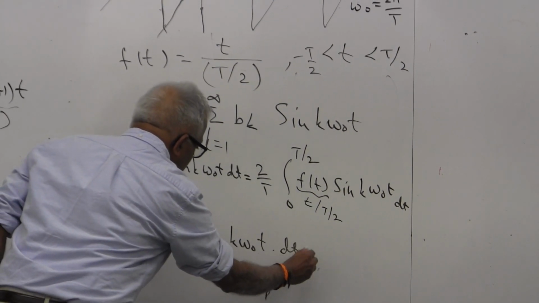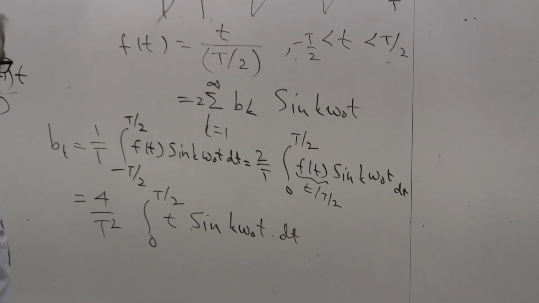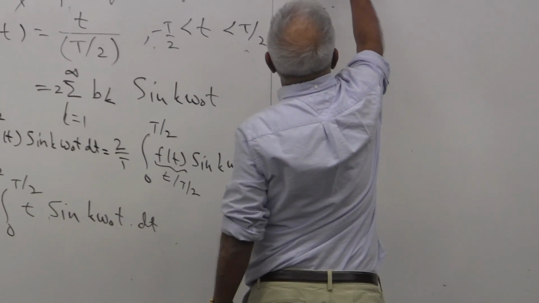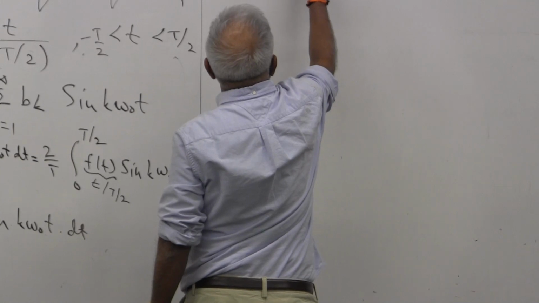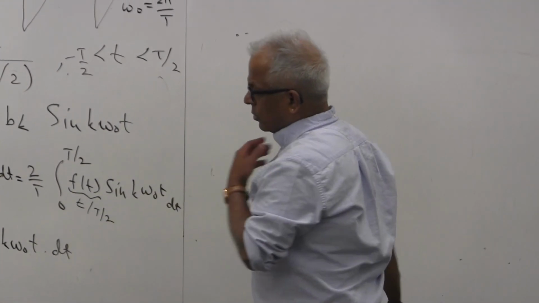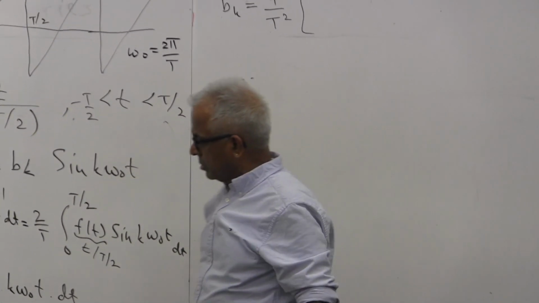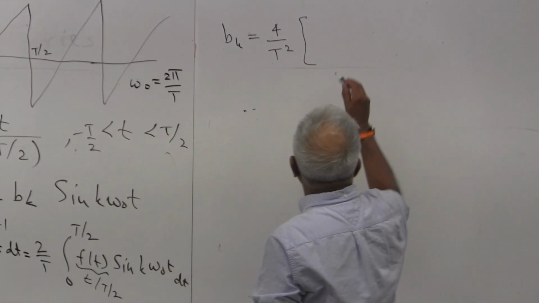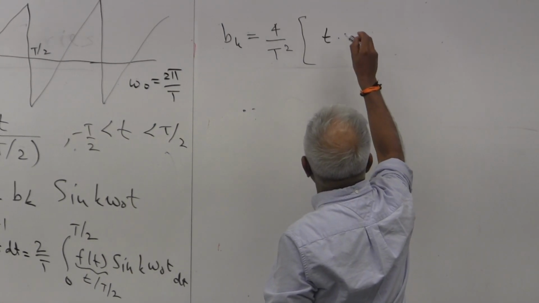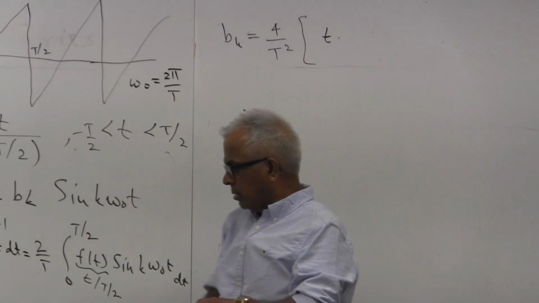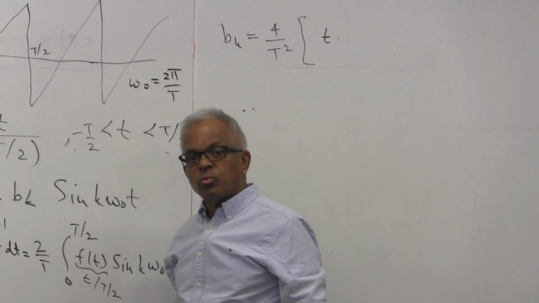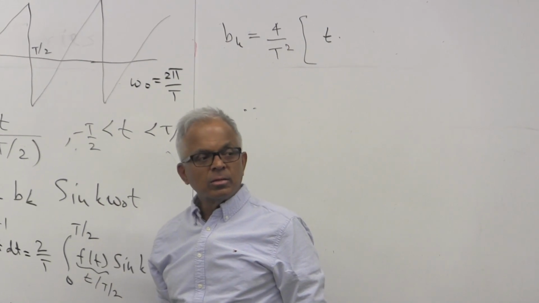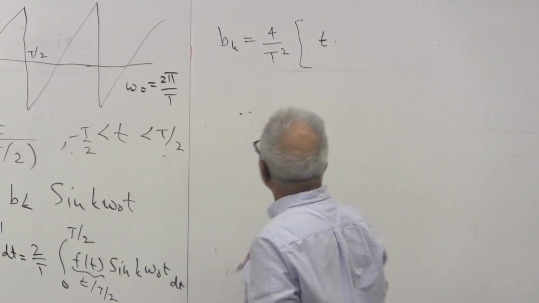Okay, so here we just need to do it carefully. You have to do the integration by parts. So one function, and let's take the first function multiplied by the dv. So what is v? Anybody? You have to find the integral of this. Minus cosine over k.